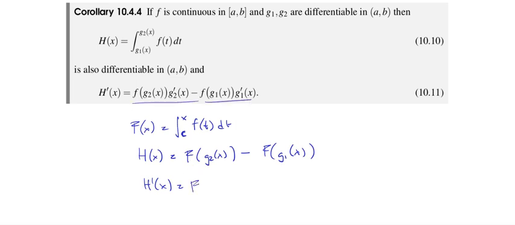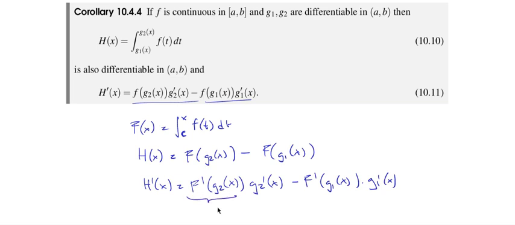You get F prime at g2 times the derivative of g2 minus F prime at g1 times the derivative of g1. But F prime is small f, because this is the derivative of this.